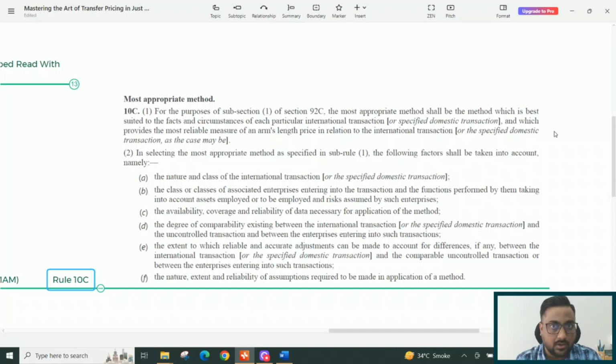Is it easy or not? So you need to judge from your particular case facts, and appropriately identify your method. And the sixth factor, the nature, extent and reliability of assumptions required to be made in application of a method. Again, the same thing, the nature, extent and reliability of whatever assumptions you undertake should be very realistic.